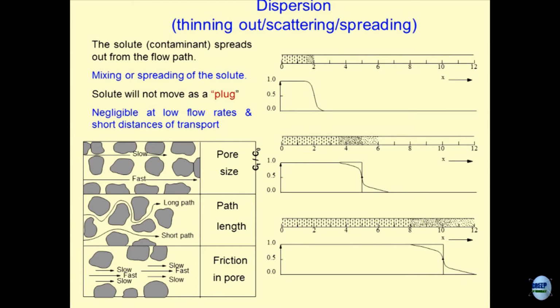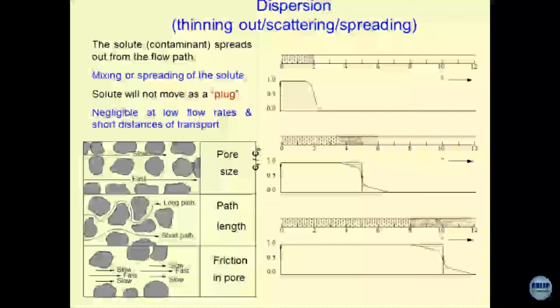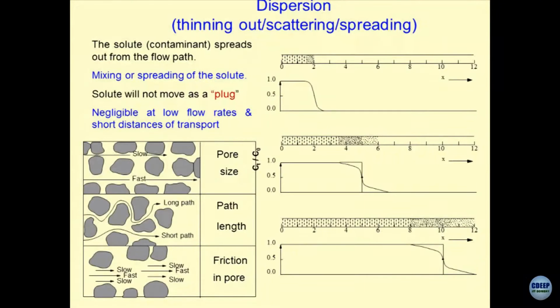The velocity is going to be more in the central portion of the pore as compared to the place where the water is in contact with the soil grains, because this is where the friction is getting mobilized and the velocity of the flow is going to be less. So, what causes dispersion? Ultimately, the dispersion is because of the contrast of the velocity in different layers of the sample.